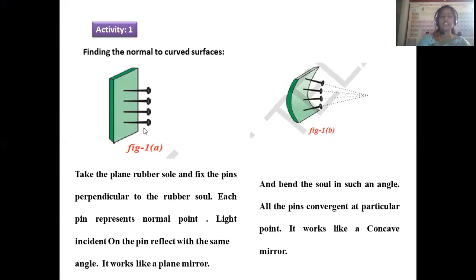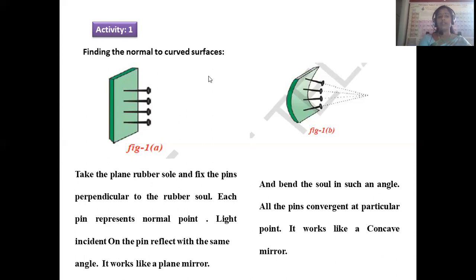Normal is nothing but, as we just discussed, the hypothetical line originating at the center. A light incident on the pin reflects with the same angle. So if you consider this as a normal, we take a light incident on its surface, and it will be bounced back so that you can observe the same angle on its surface. It works like a plane mirror. Now this rubber sole is working like a plane mirror, and these pins are working like normals.